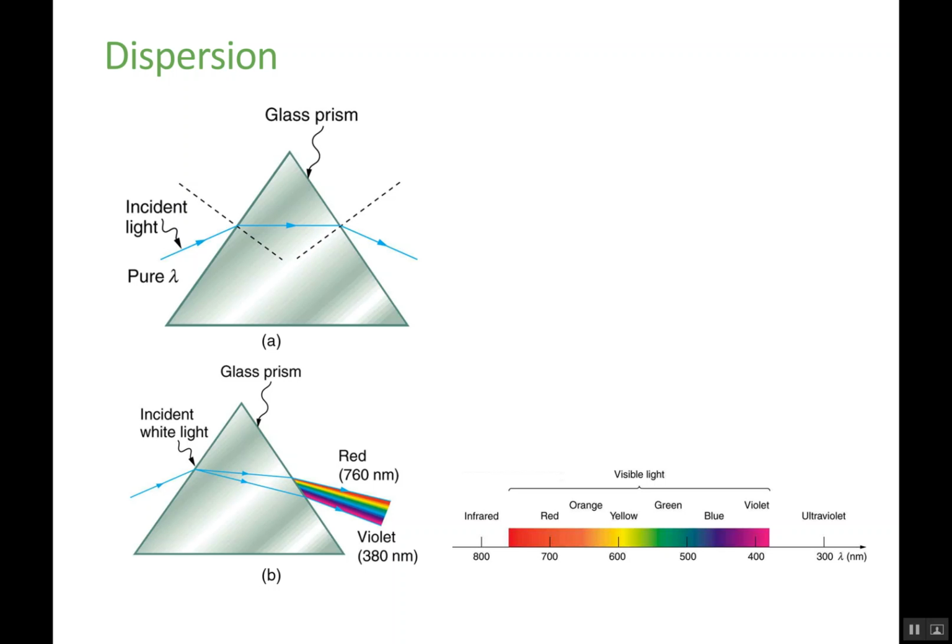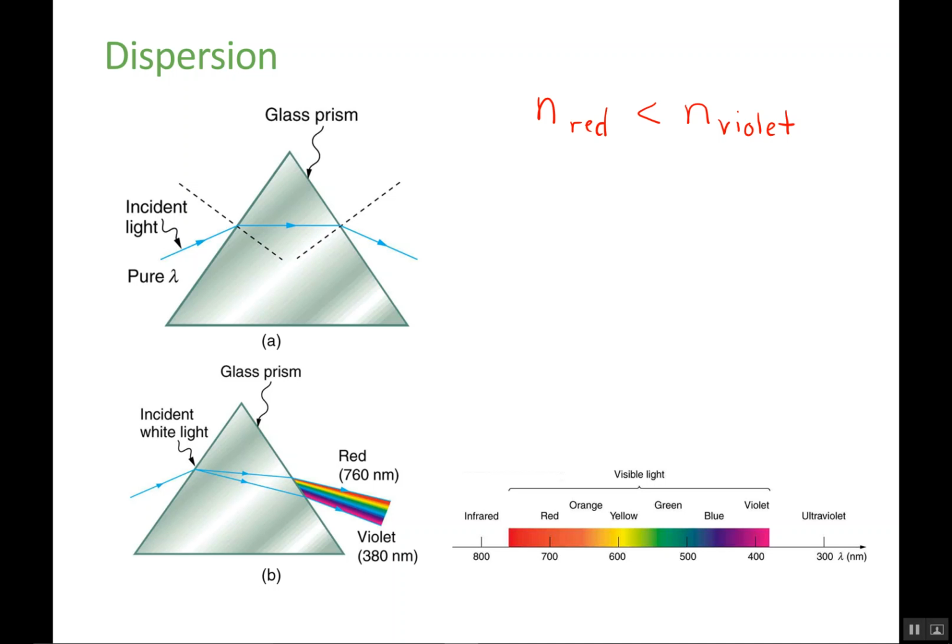Something happened so that the white light was separated into its constituent parts: red, orange, yellow, green, blue, indigo, and violet. What's happening here is that it turns out the index of refraction is a little bit dependent on the wavelength of light.